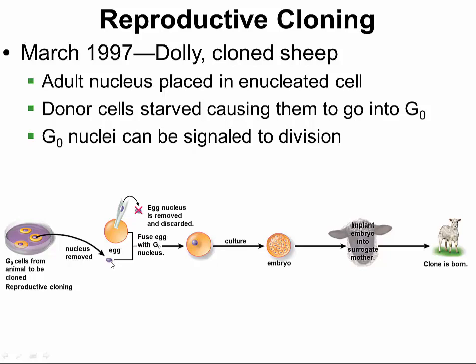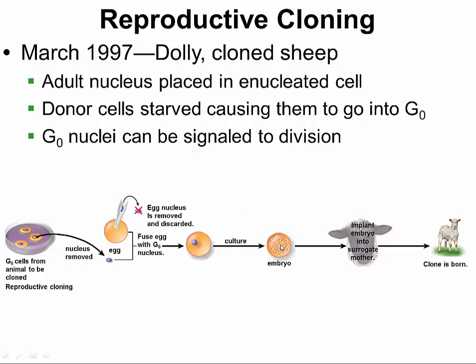Remember, this nucleus is diploid because it came from just a regular somatic cell of the sheep we wanted to clone. We implant this nucleus into this egg, and now we have an embryo that looks much like a zygote, much like a fertilized egg, because this nucleus is diploid. We treat it with a little bit of electricity, causing it to start dividing, and now we have an embryo.